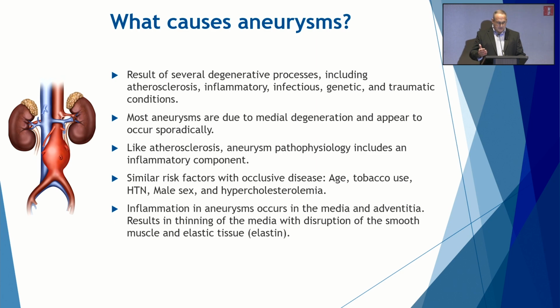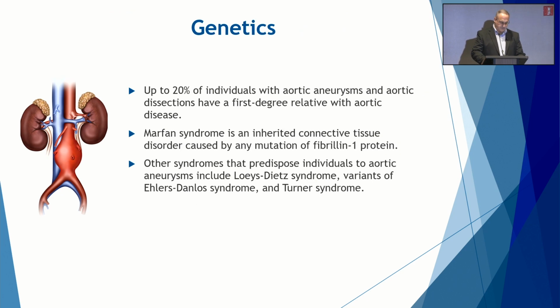And they carry similar risk factors with occlusive disease: age, tobacco use, hypertension, male sex, and hypercholesterolemia. Inflammation in the aneurysms occurs in both the media and adventitia portions, and results in thinning of the media with disruption of smooth muscle and the elastic tissue.